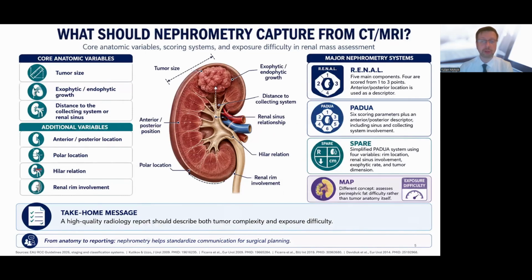A high-quality radiology report should describe not only tumor size, but also exophytic or endophytic growth, sinus and collecting system contact of the tumor, polar location, hilar relation, and rim involvement. It should also mention exposure difficulty when perinephric fat is relevant. All in all, nephrometry helps standardize communication for surgical planning.